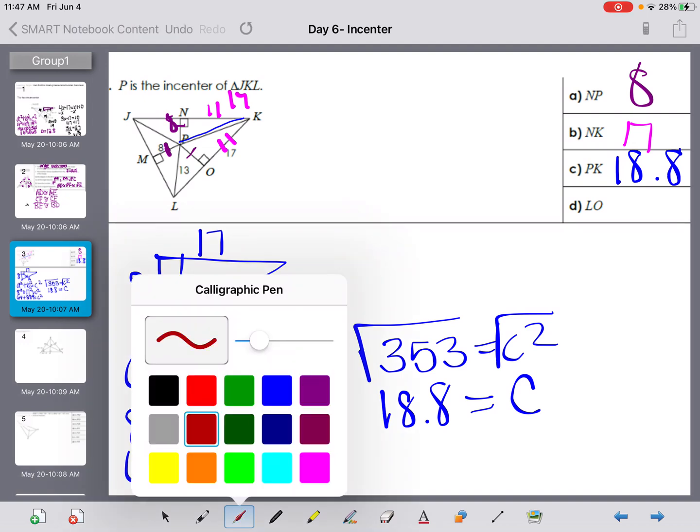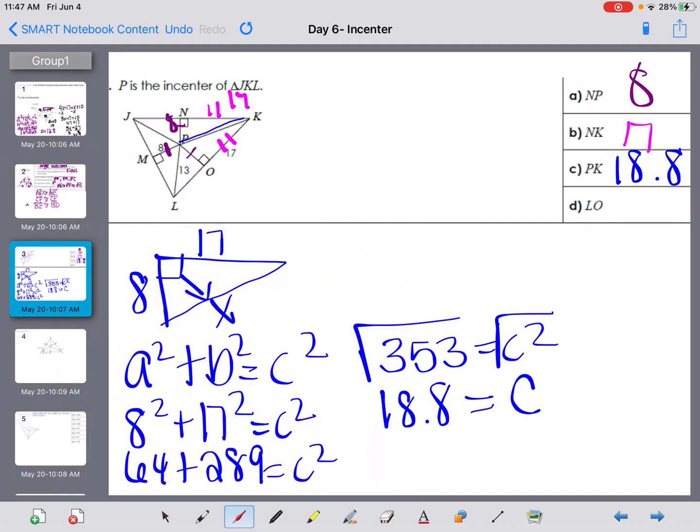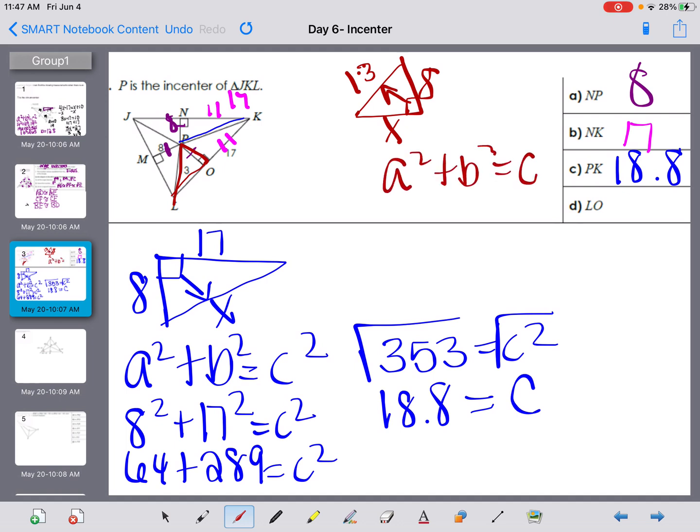And then last but not least, I want to find LO. Okay? So I have another right triangle. This is 8. This is 13, and I want to find out LO. Again, we're going to use A squared plus B squared equals C squared.